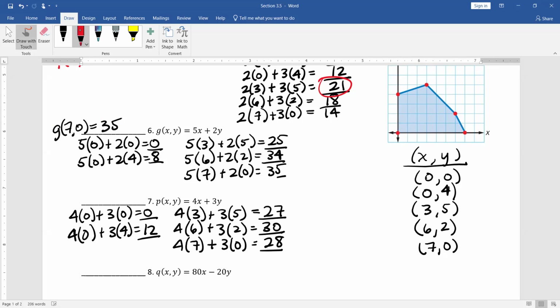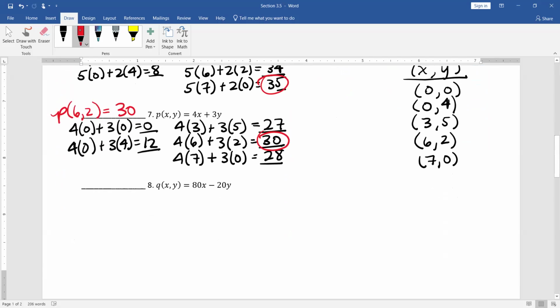So that means there's my maximized. That was ordered pair 6, 2. So this is P of 6, 2 equals 30.